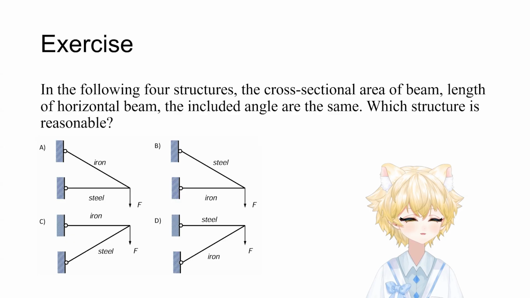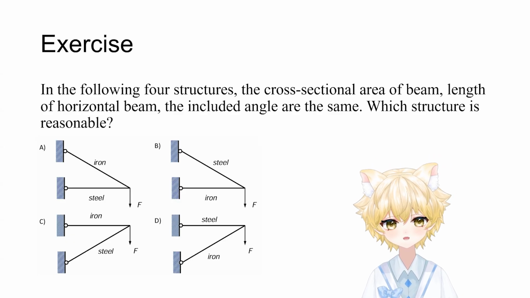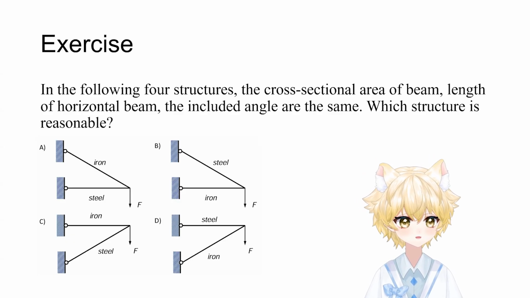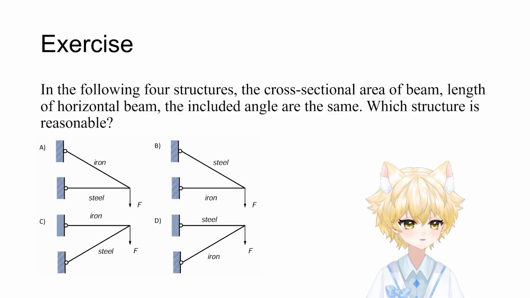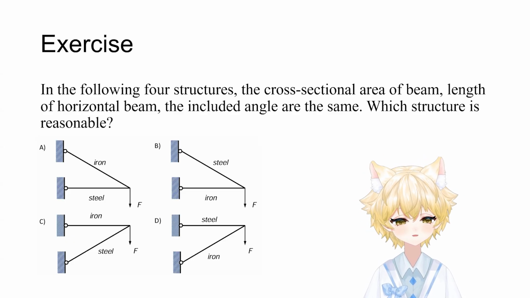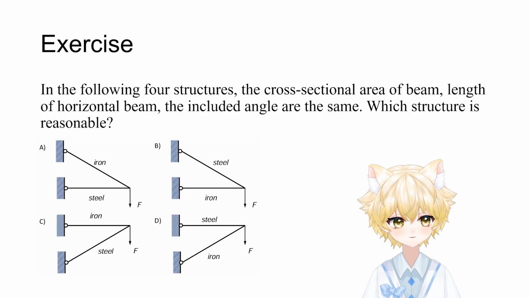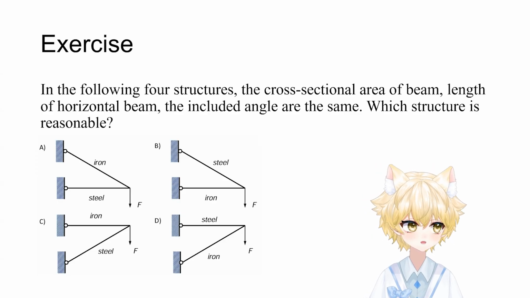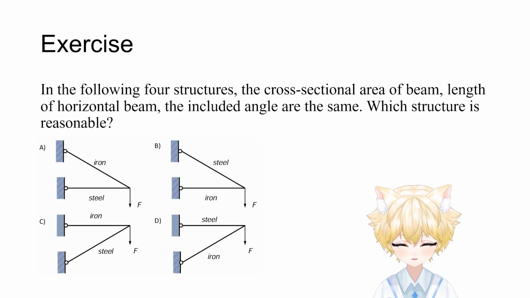So take a minute to think about it. If you were the designer, you want to design such a structure, which material would you choose for a specific beam? Yeah, please pause and think about this question. I will just continue.